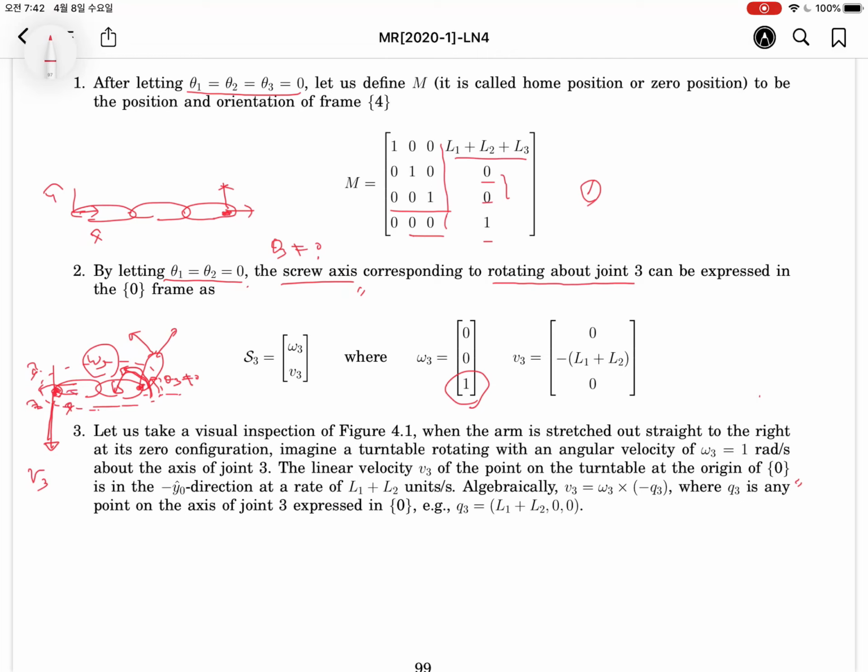This will be v3. The length is L1 plus L2, and the direction is minus y. So in the minus y direction, the magnitude will be L1 plus L2. Is it right? Like this, we can write down the screw axis about joint 3.